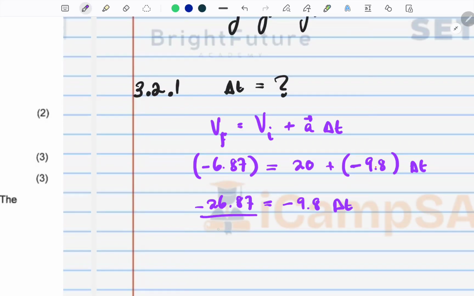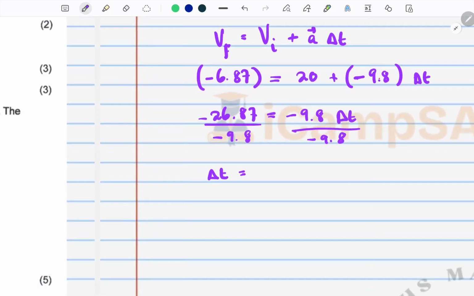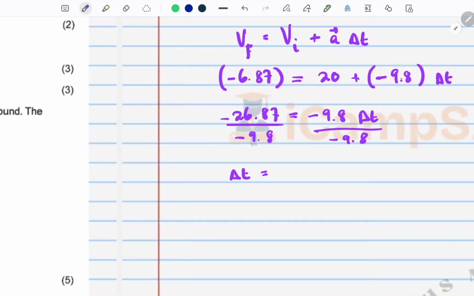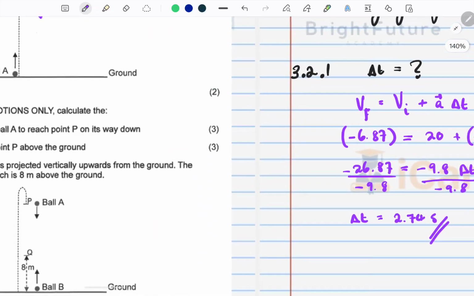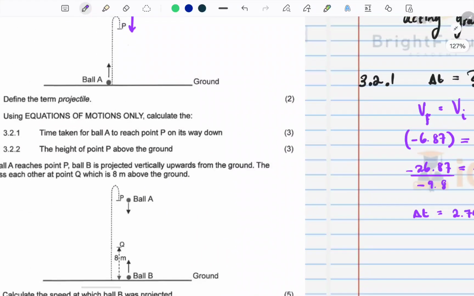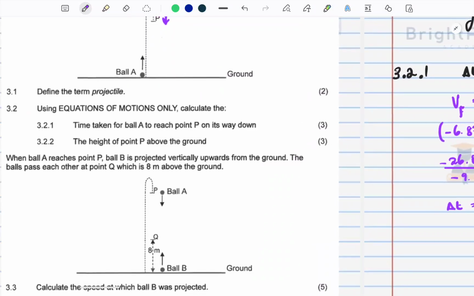Then divide both sides by minus 9.8, and you're going to get delta t as 2.74 seconds. So this was just free marks for you.